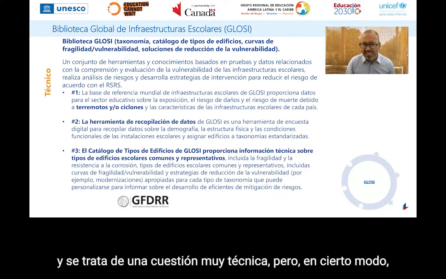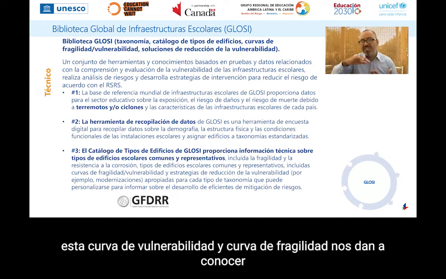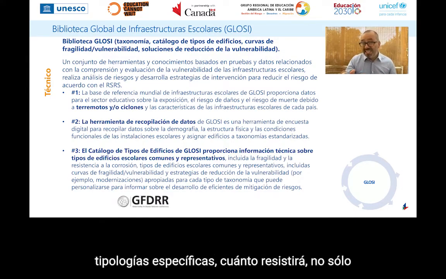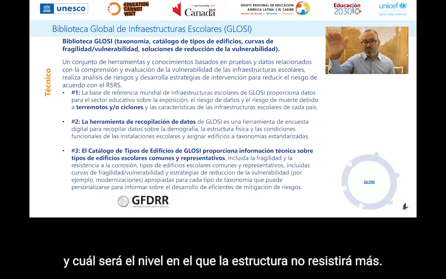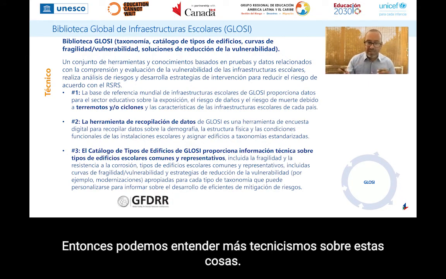That is a very technical issue, but the vulnerability curves or fragility curves let us know, for this specific typology, how much it will resist, notably to hurricanes or to earthquakes, and what will be the level at which the structure will not resist anymore. So we can understand more technicalities about these things.